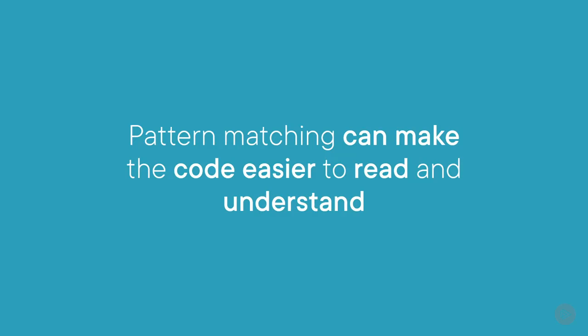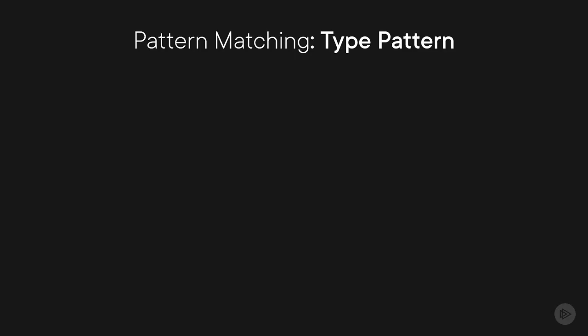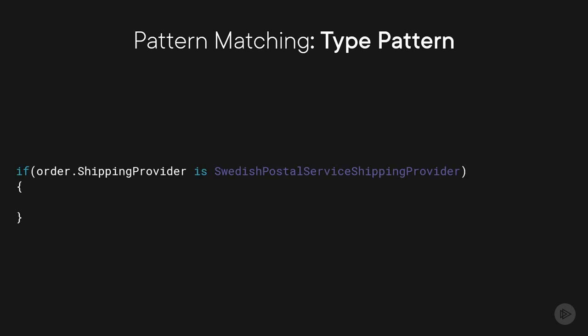Of course, as with any language feature, if you abuse it, the code may just as well become hard to understand. Take this simple piece of code as an example. We'd like to check if the type of the shipping provider used with this order is a Swedish postal service shipping provider.